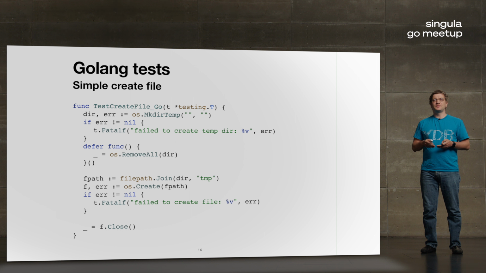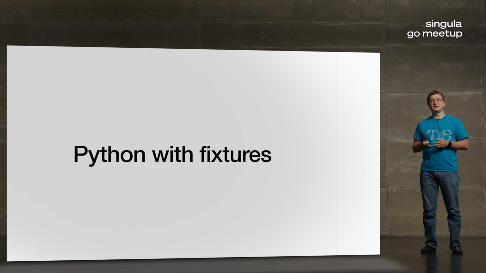The common part of the tests is creating and removing the temporary working directory. It will be fine if we move that code out of the test code. We talked about the simple Go test. Then I will show the same tests in Python with fixtures.